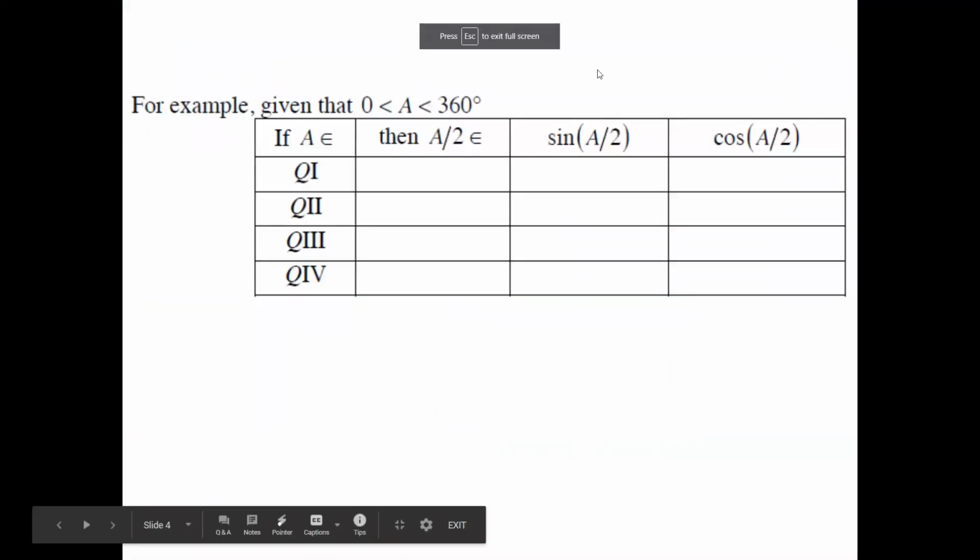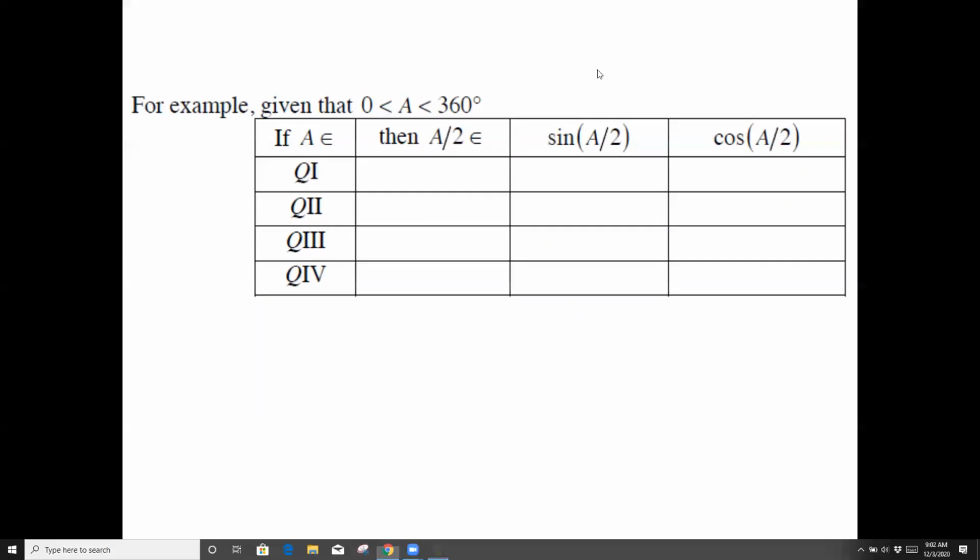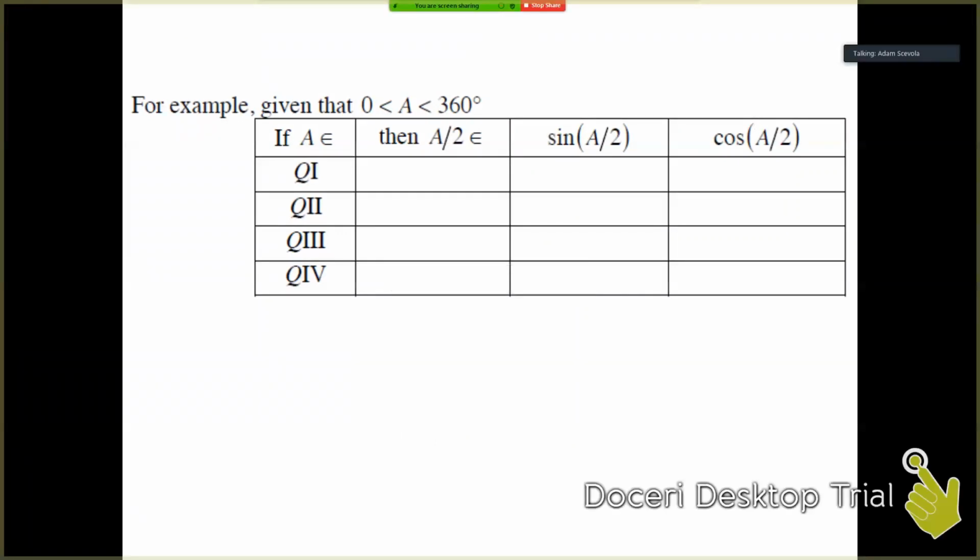Right, so let's say you're given an angle in quadrant 1. So in quadrant 1, A would be in between 0 and 90, and let's say it includes those two.